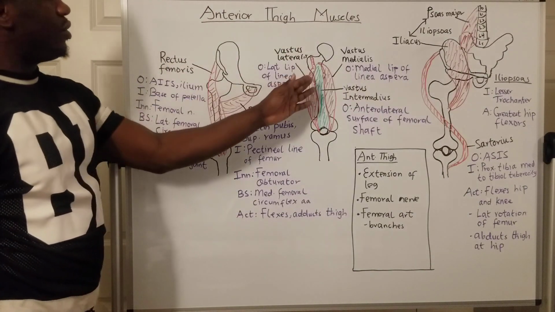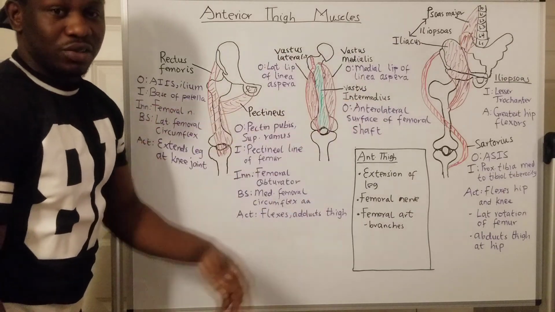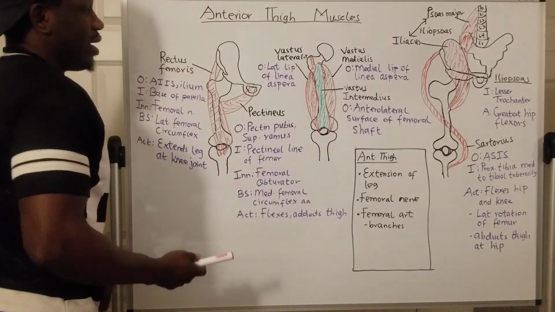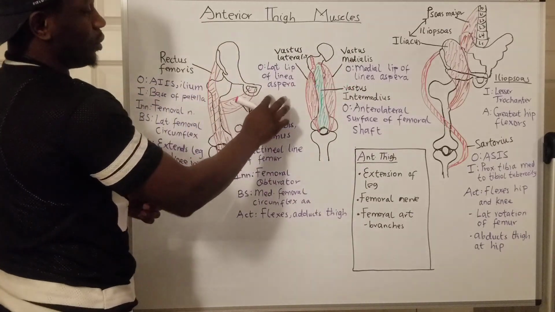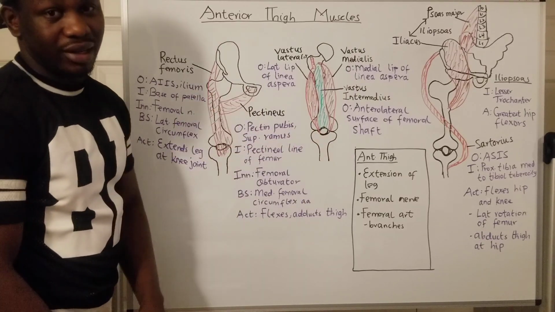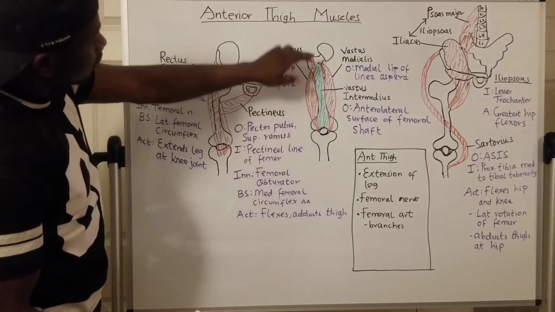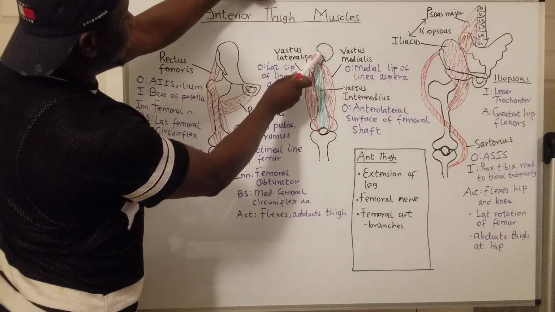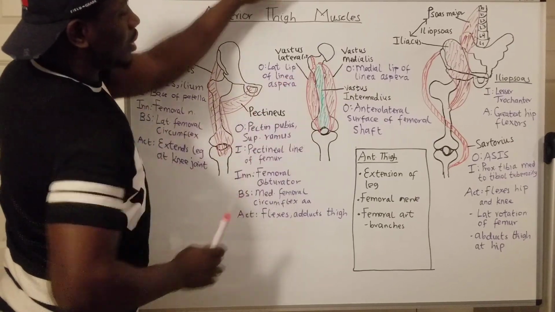So when you come here, you realize that for vastus lateralis, vastus medialis, vastus intermedius, one thing that you realize is that I only write the origin. Why? The only reason why I write the origin is because they all have a common insertion at the patella. All right. So the origin of the vastus lateralis. So the vastus lateralis, it starts at the lateral lip of the linea aspera.